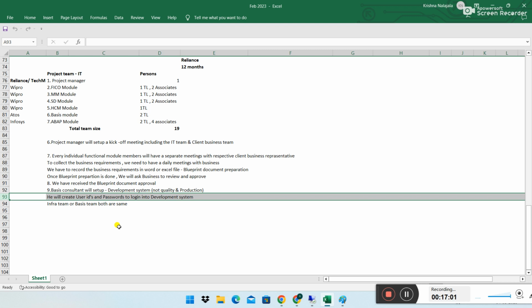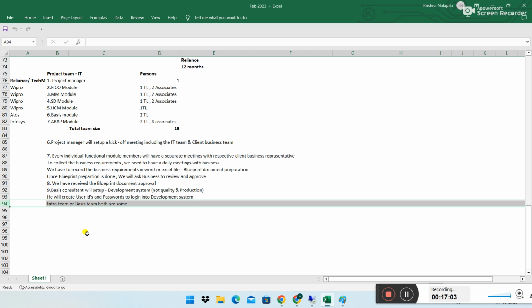For a basis consultant, we call him the infra team or basis team, and you can also take it as SAP admin. Who takes care of SAP application, SAP installation, SAP RAM maintenance, SAP hardware maintenance, SAP printer setup, everything application related? All responsibilities lie with the basis consultant, right?